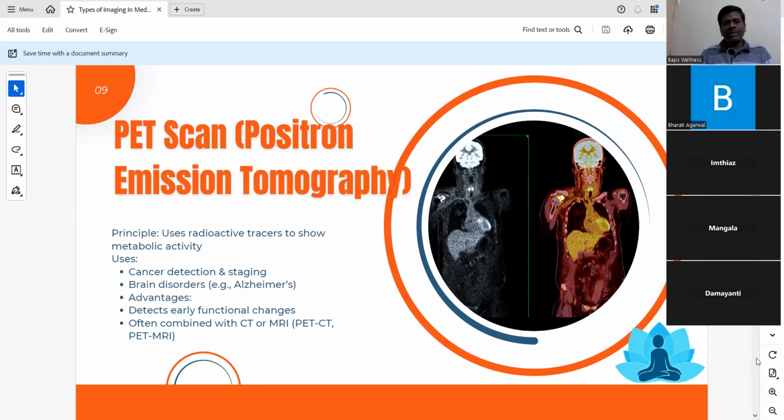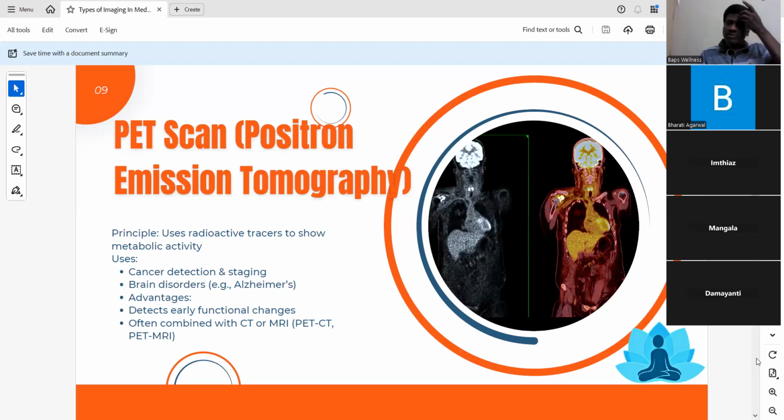The advantage with the PET scan is it detects diseases at the early stage because we are getting the functional imaging. Functional imaging is the one which gives an idea about the performance of the individual tissues there. So this is often combined with CT or MRI, PET CT or PET MRI.